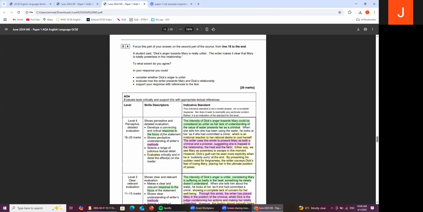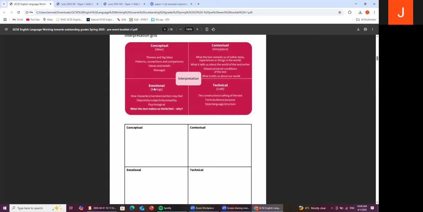So it is AO4: evaluate texts critically and support this with appropriate textual references. So it's about finding your sources, your quotations, and it's also about being critical. And critical, as I would interpret it, is being very critical here. So really breaking things apart, being almost like a surgeon of language.